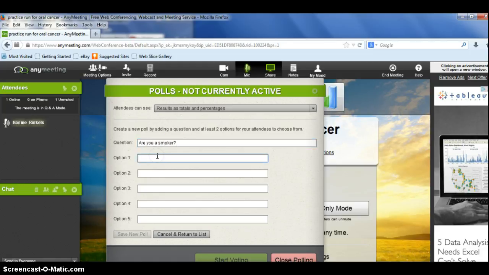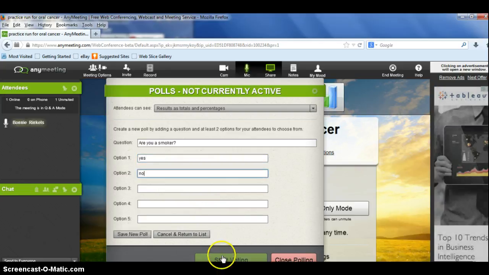And then it is yes or no. And then I'm going to put start voting. I'm going to have to work on that. I'm not sure about that.